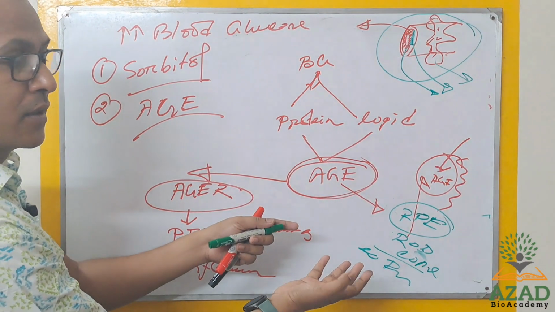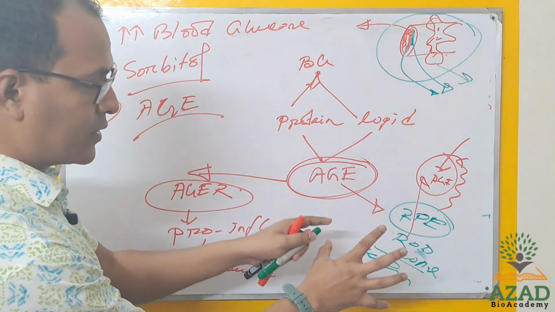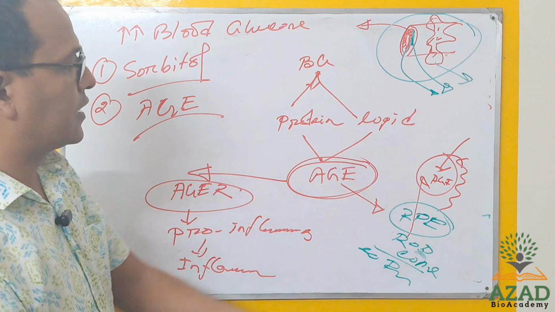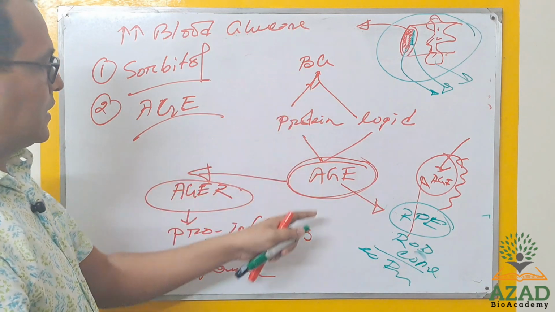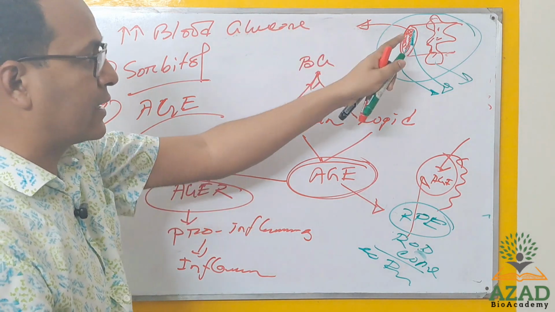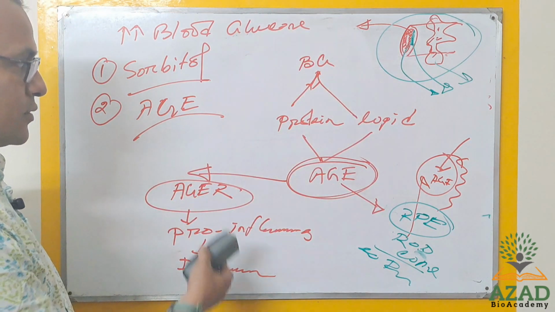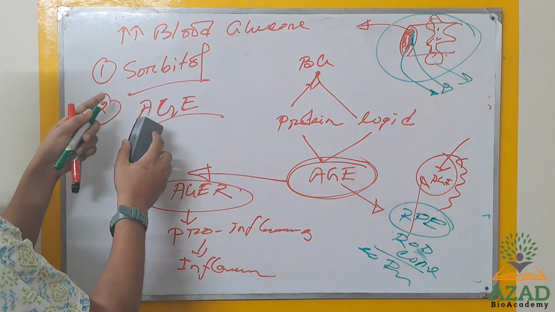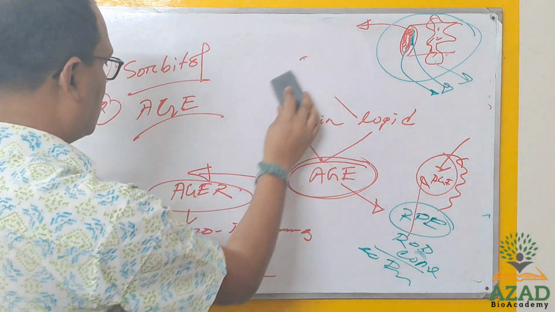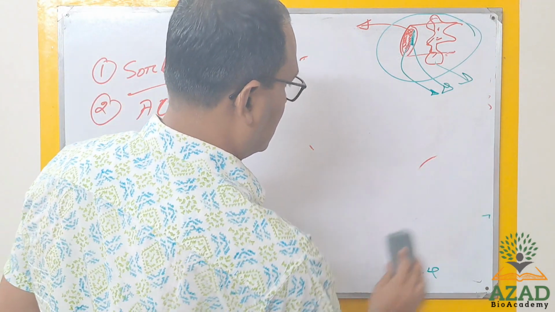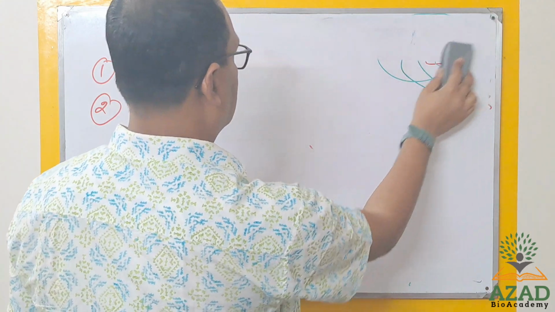Then what would be the final outcome of AGE and sorbitol in producing retinopathy? What will be the role? Okay, so now come to the point. Already I said the main two culprits. Now how will it damage the retina? Now I will try to explain.